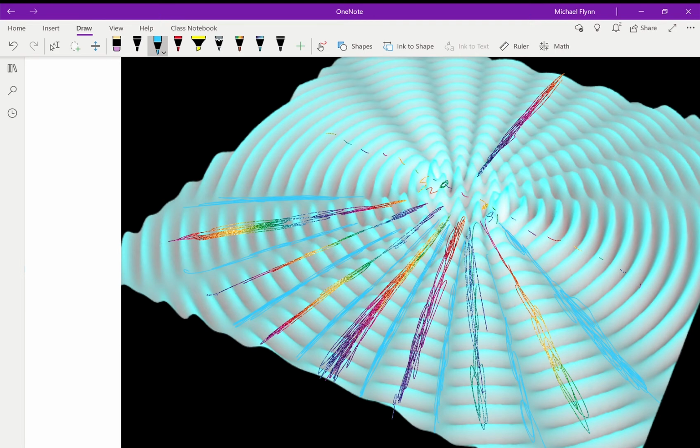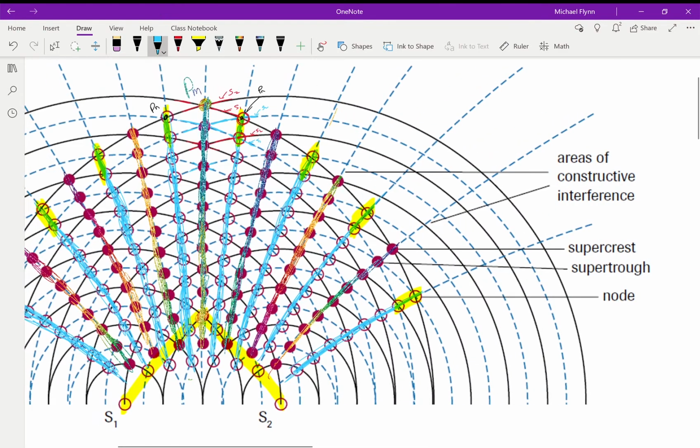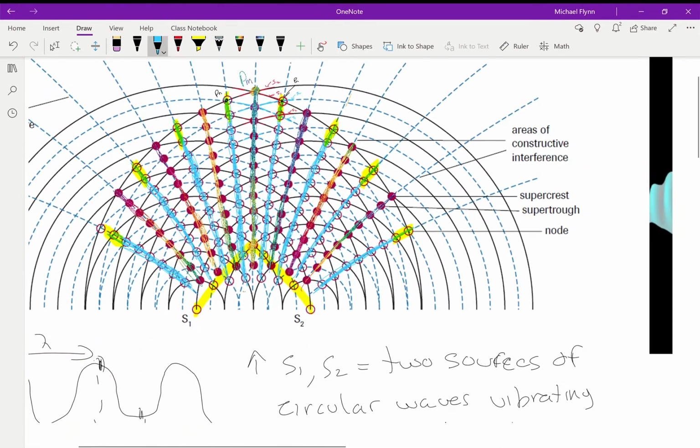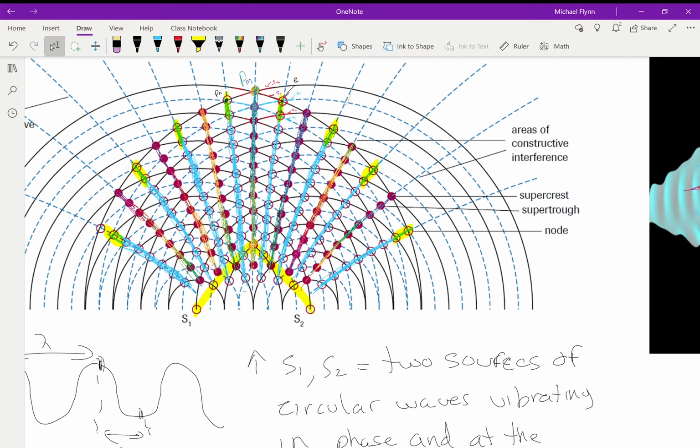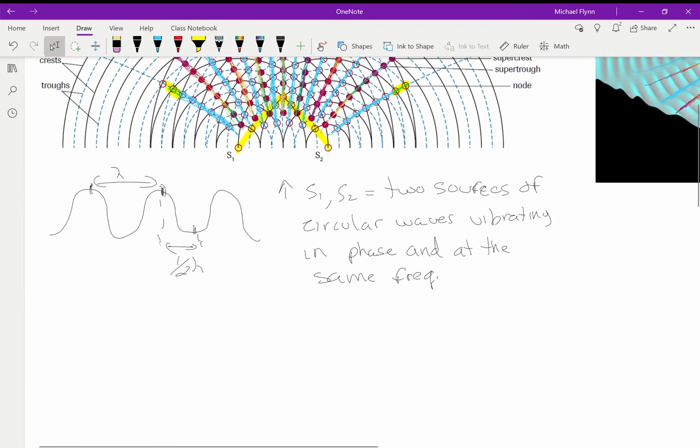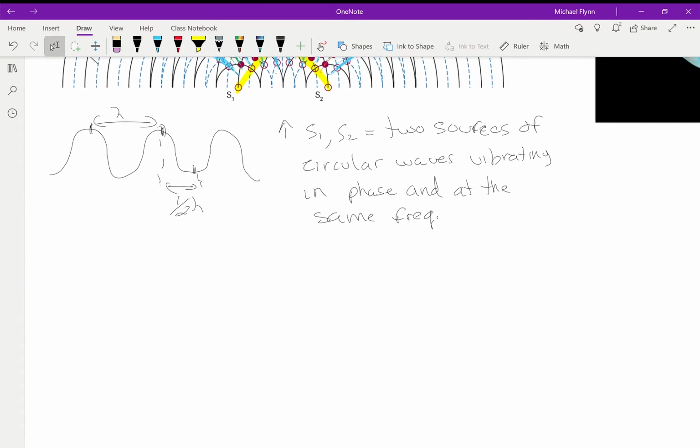All right, so let's get back to this, okay? And I'm going to explain to you how this works. So there's something called path difference. So I'm going to start using black here.